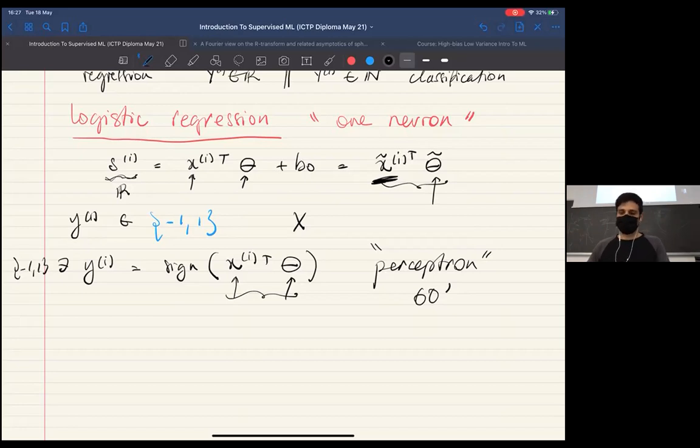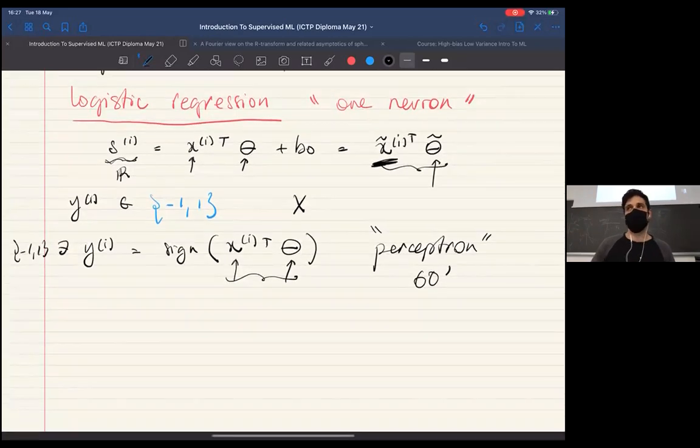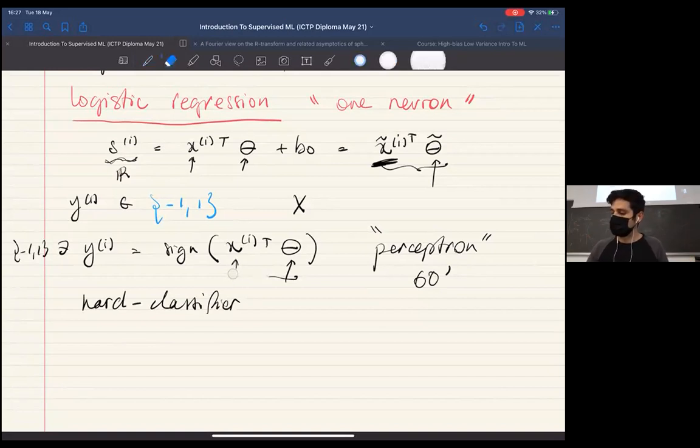All right. So this Perceptron here is an example of what we call a hard classifier. So this hypothesis class belongs to the set of hard classifiers. Why do we call that hard classifier? Because the label here is not sensitive to the amplitude of its argument.